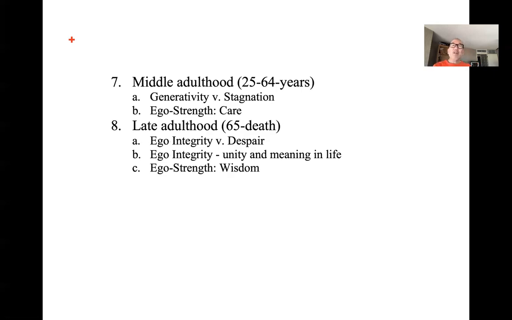The seventh stage is that of middle adulthood, which is kind of where I'm at right now, between 25 and 64 years. So I'm getting onto the latter point of middle adulthood, more like late adulthood, being 54. The fork in the road here is generativity versus stagnation. Do you feel that you're in a position where you're contributing to society?